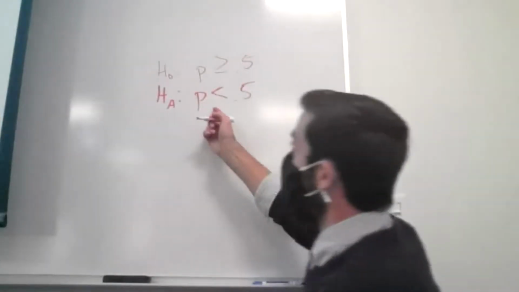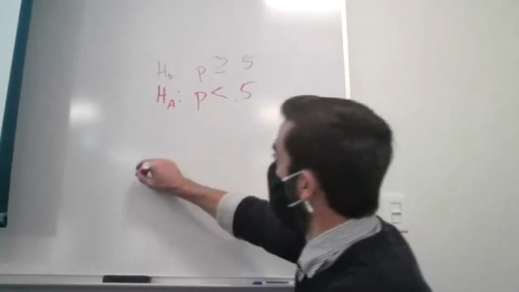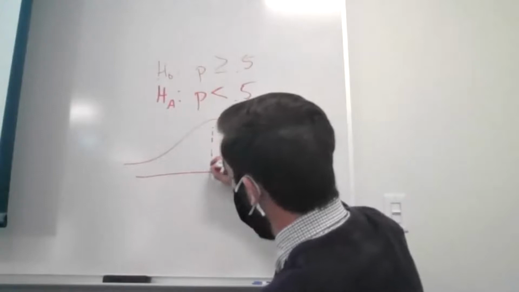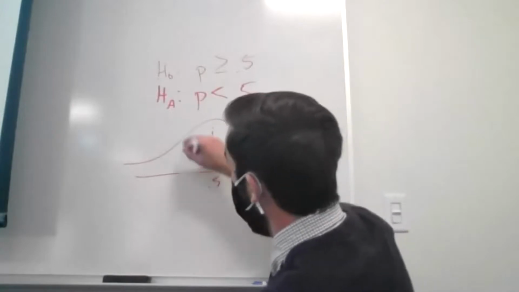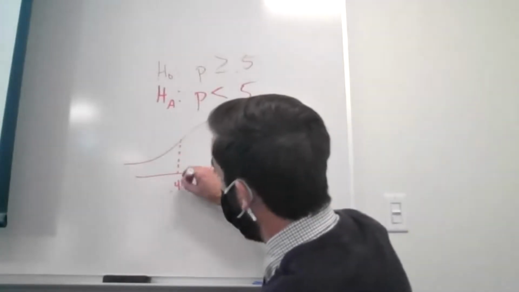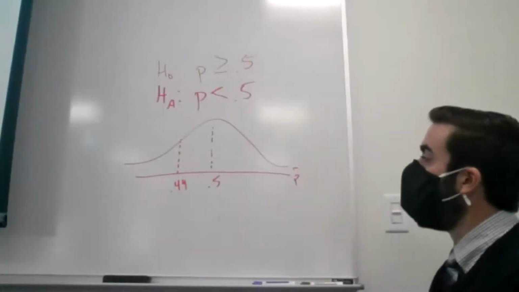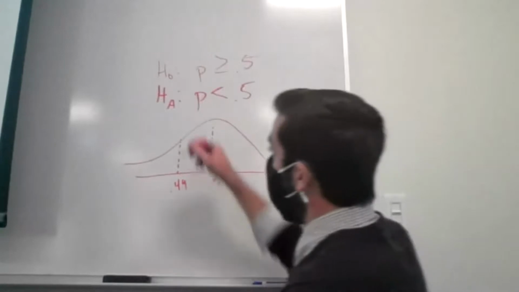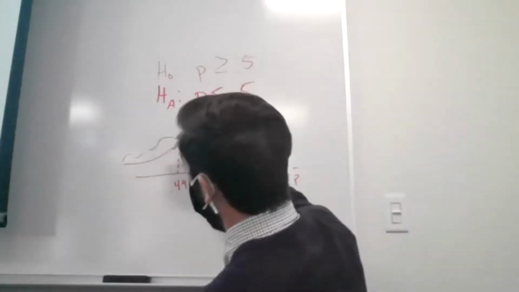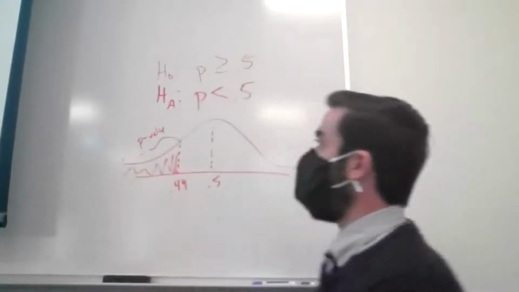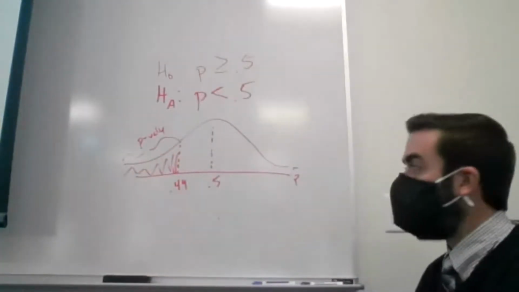So we've got a left tail test. We've got this assumed true value of 0.5. I found a sample proportion of 0.49. So I could use a p-value approach, find the area to the left of that sample proportion, and then compare it to alpha.